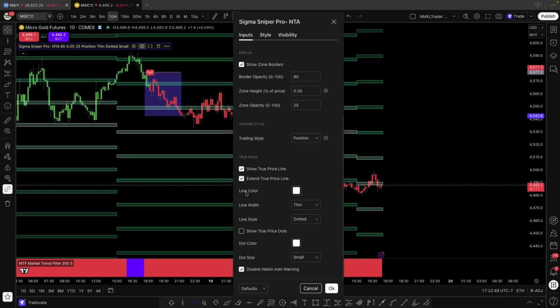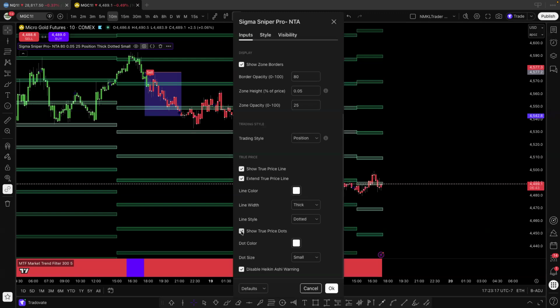This true price line, these colors, you've got a couple of options here, whether you want a thin line width. Over here on the true price line, that's actually the true price line. If you want it thicker, if you want it dotted, solid, or dashed, that's totally up to you. And then if you want to put true price dots on there, you can.